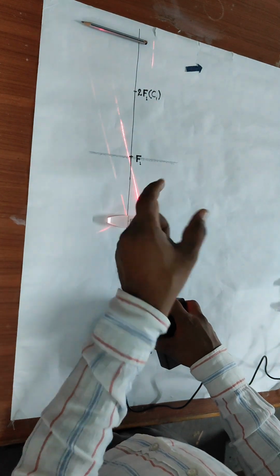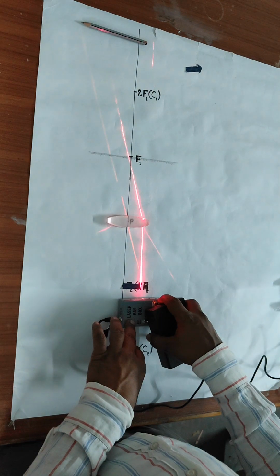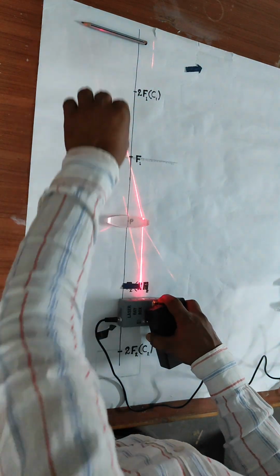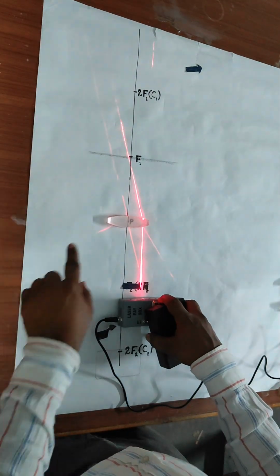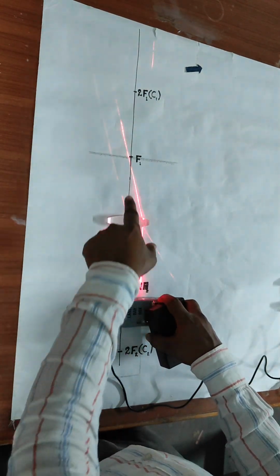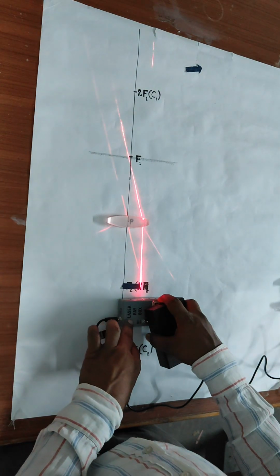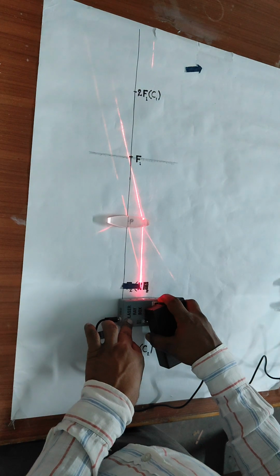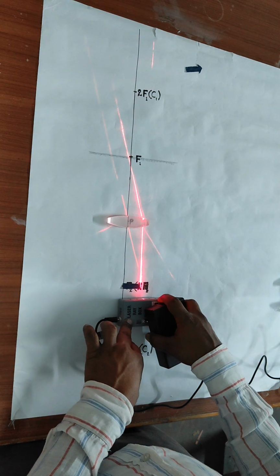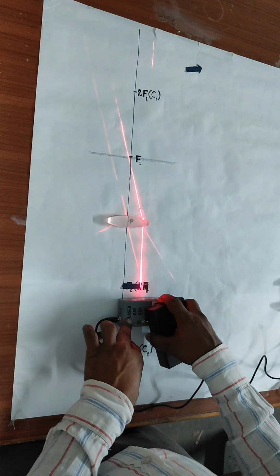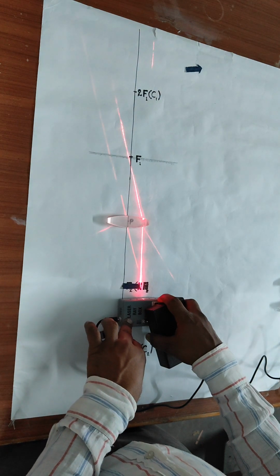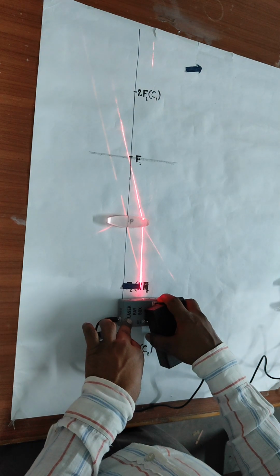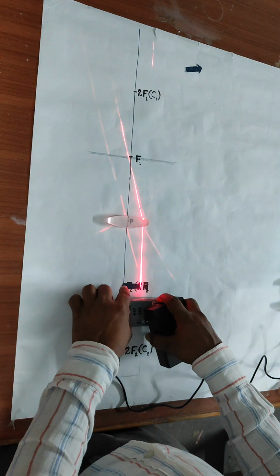It means they converge at infinity. So the image will be formed at infinity distance, and the nature of the image is inverted, real, and larger than the object.